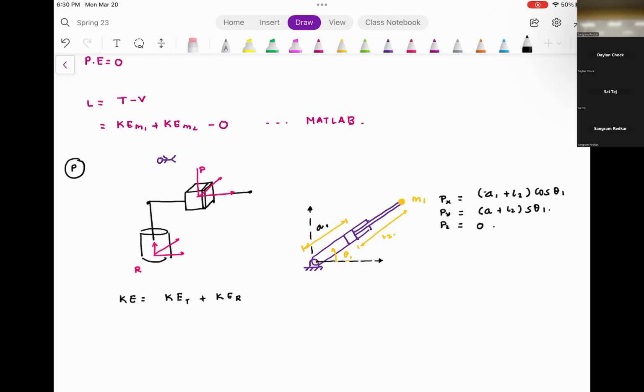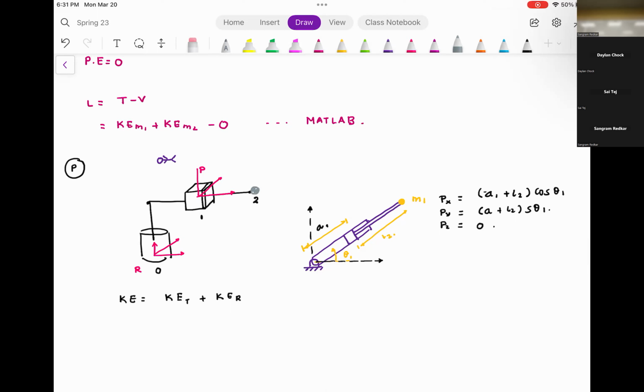So to solve this problem, you have to follow the exact same procedure as we discussed here. This is my 0th frame, this is my first frame, and this is my second frame, and say I have mass over here. I would find out the homogeneous transformations.